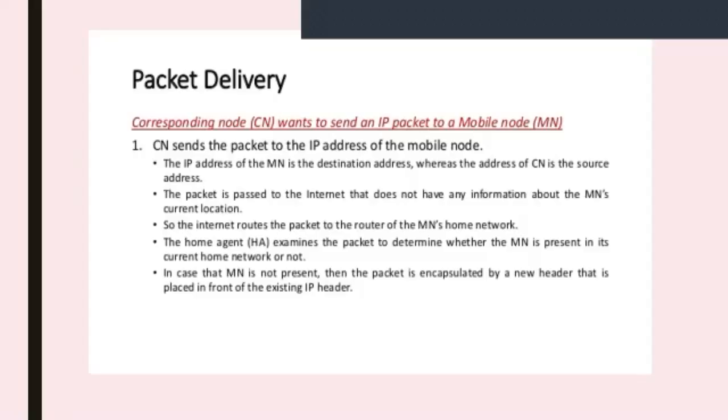If a mobile computer or mobile node, listen carefully, moves to a new network while keeping its IP address unchanged, its address does not reflect the new point of attachment. Consequently, existing routing protocols cannot route datagrams to the mobile node correctly.